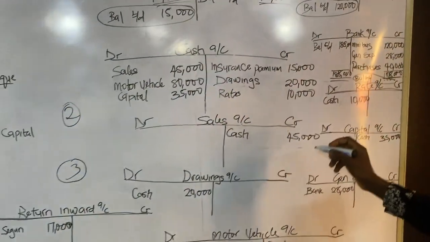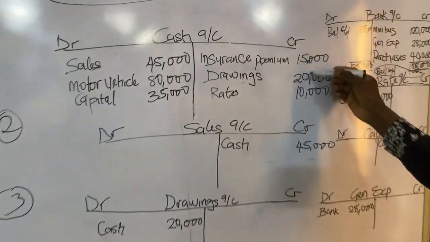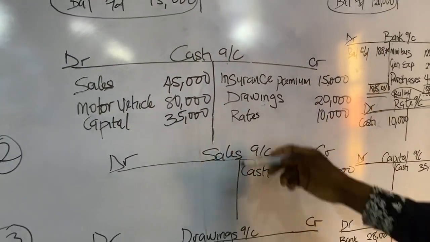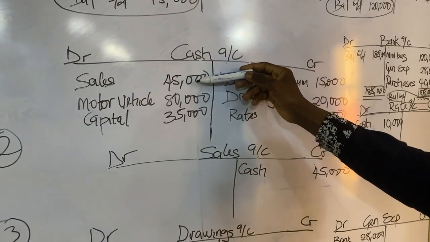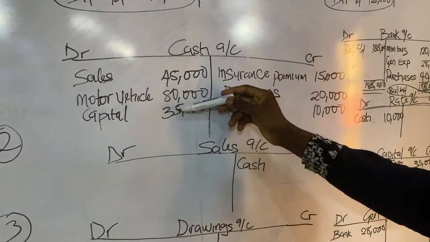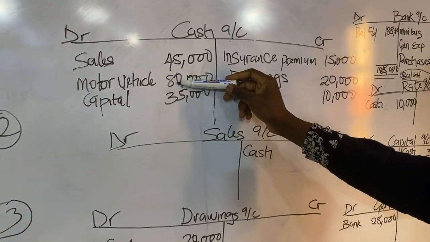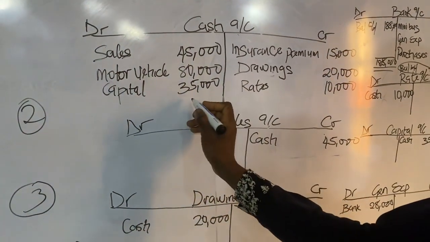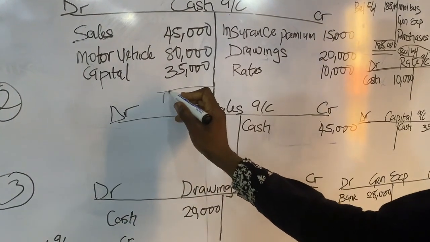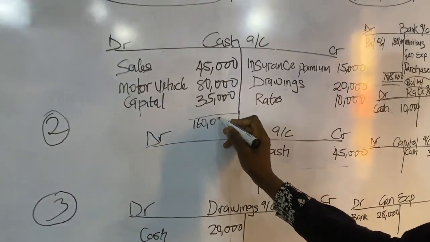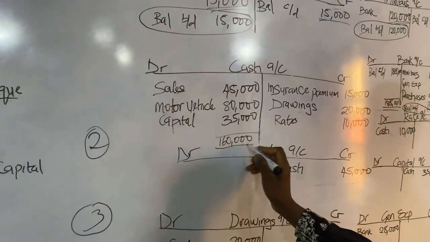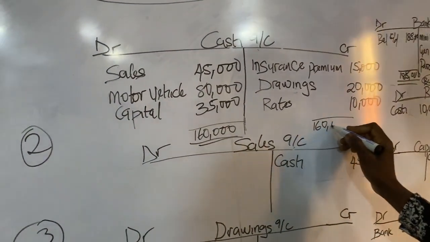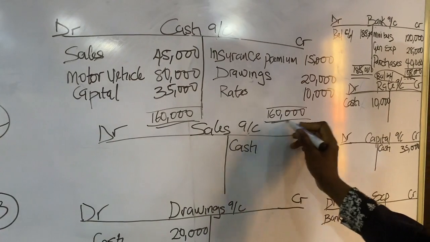Let's look at cash itself too. So if you have 15, 20, which is 35, 45, and we have, okay, this is 45, 80, this is 125, 160. So you have 160 here. This place too must be 160. So what's the difference?